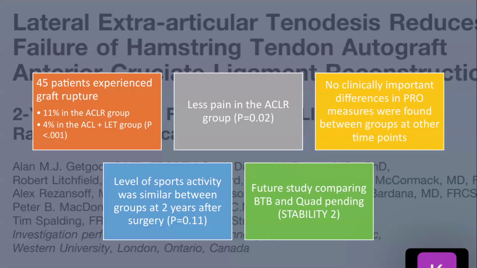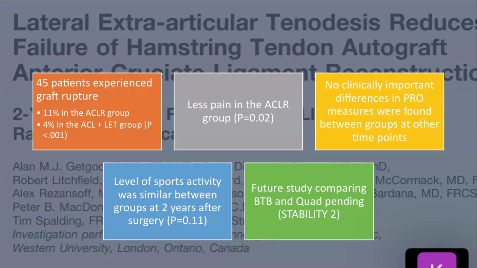And so 45 patients experienced graft rupture, 11% were in the ACL reconstruction group alone, compared to 4% in the ACL plus LET group. There was less pain seen in the ACL reconstruction group alone. There was no clinically important difference in patient-reported outcome measures. No clinically important differences were found in either group at other time points.